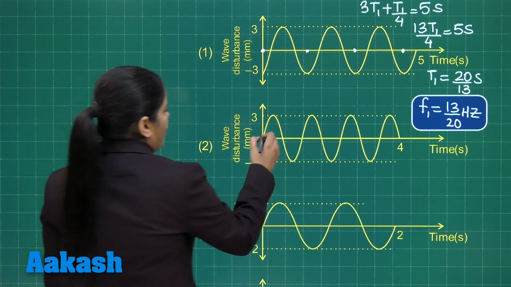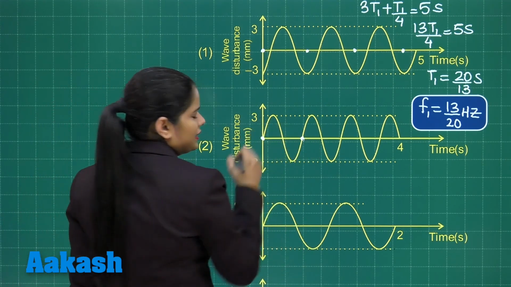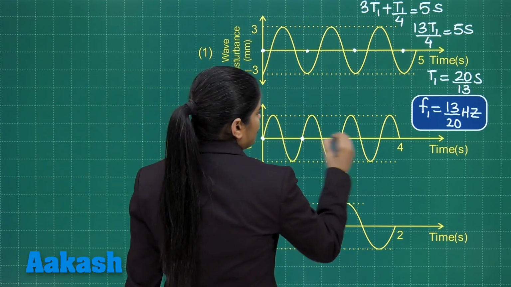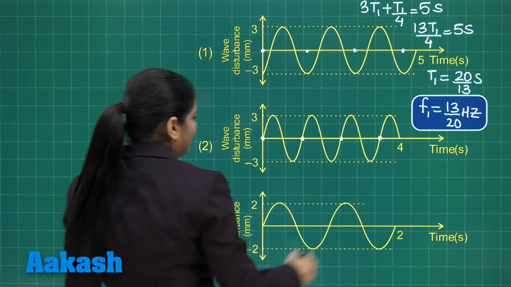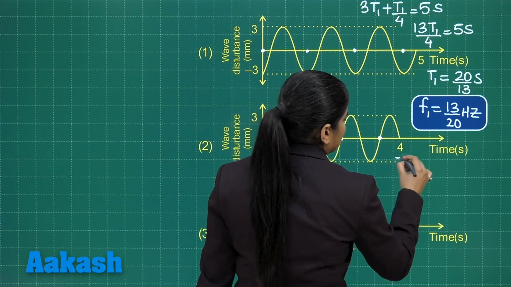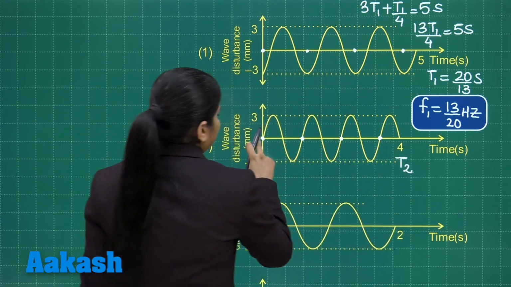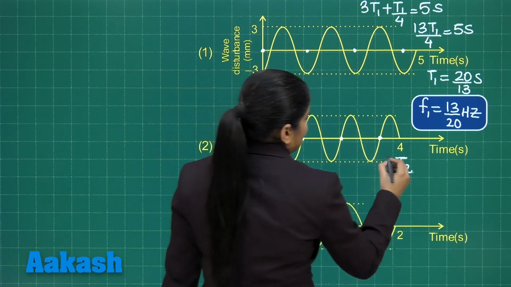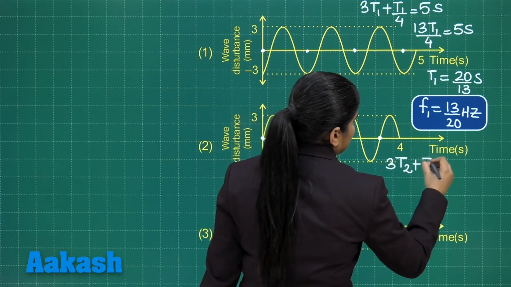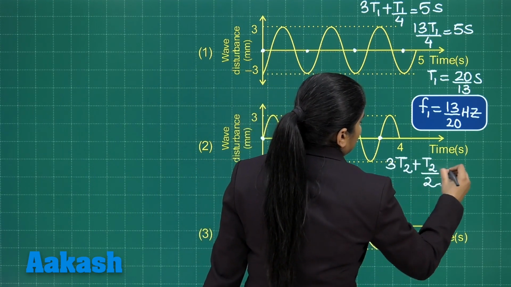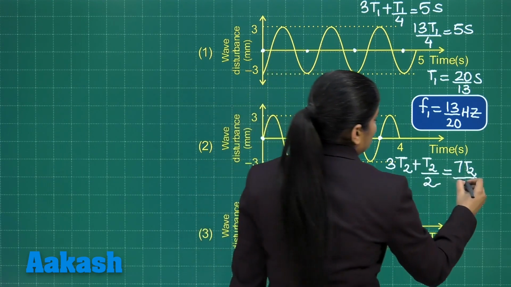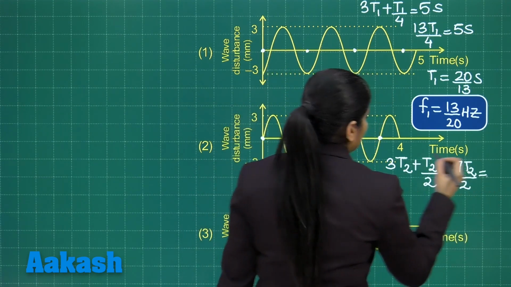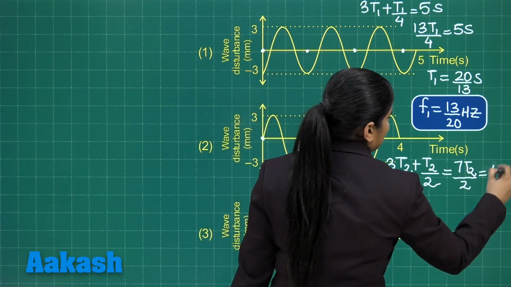See here. From here till here, this is complete wave 1, 2, 3, and this is a half wave. If I say that the time period for this wave is T2, this will be 3 T2 plus T2 by 2. So that will be 7 T2 by 2 is equal to 4 seconds.